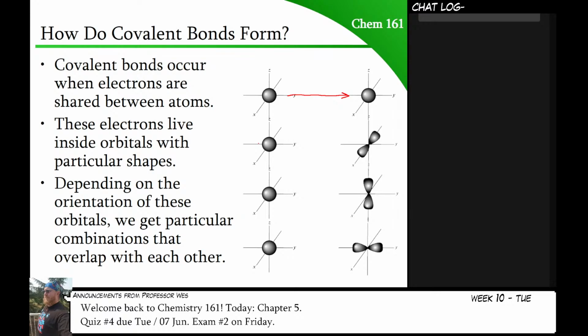And if they can overlap, then I can form a bond between those two orbitals. But if they don't overlap for some reason, maybe spatial geometry doesn't work out, then we'll know.